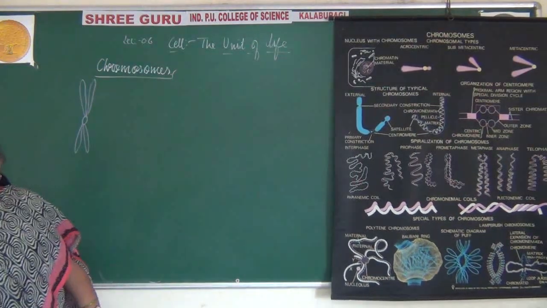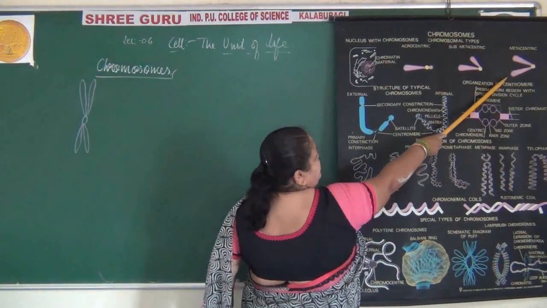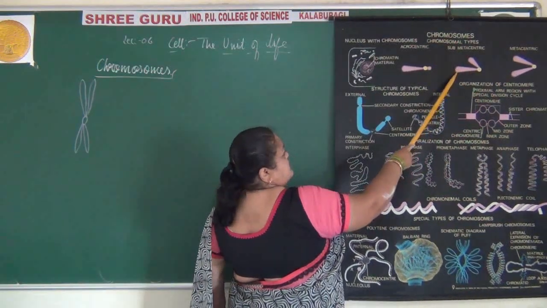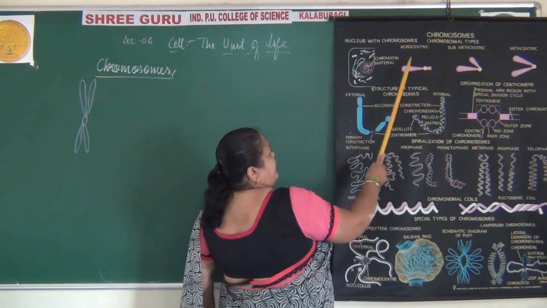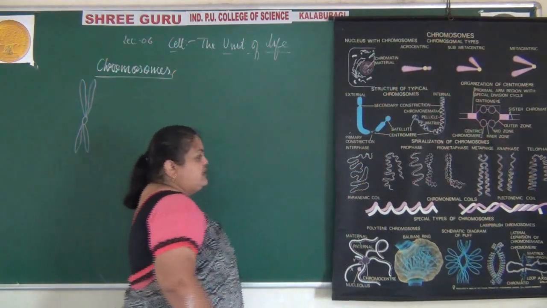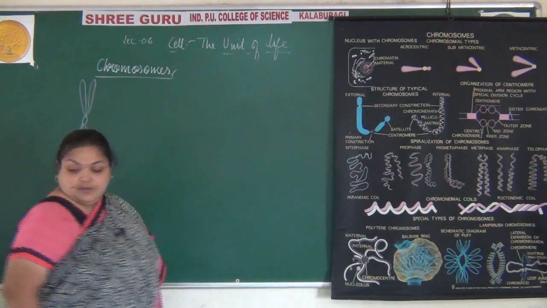You can look into this chart over here. This one is known as metacentric, this one is known as submetacentric, and this one is known as acrocentric, and the 4th one, which is not displayed, is known as telocentric.